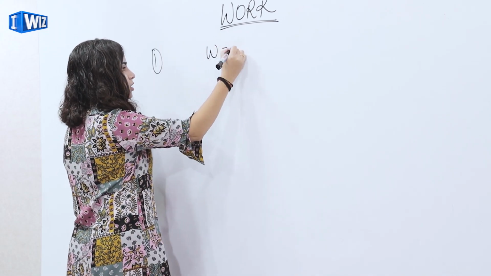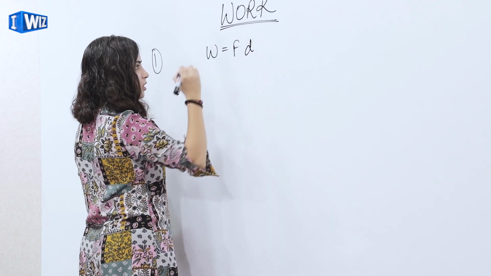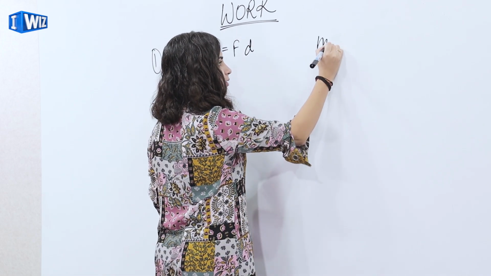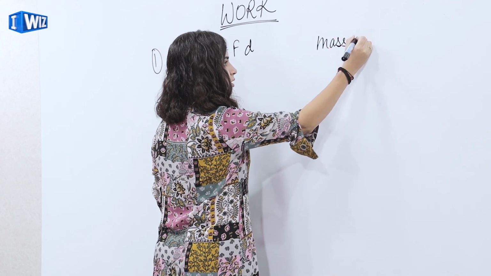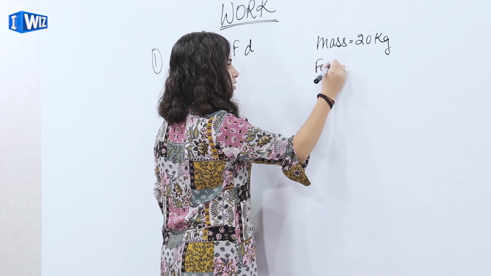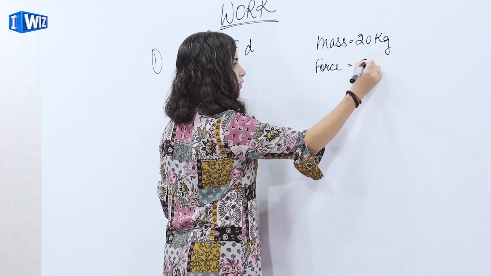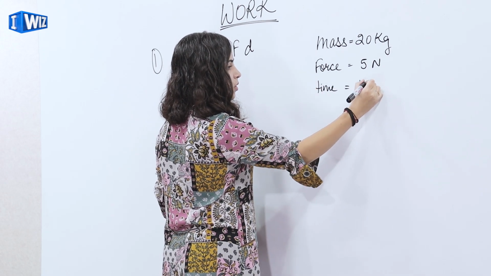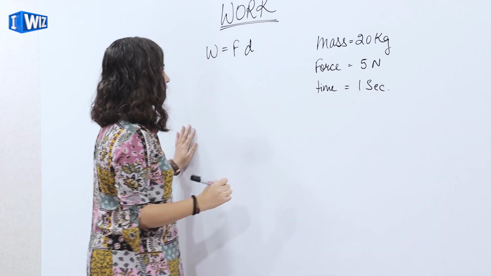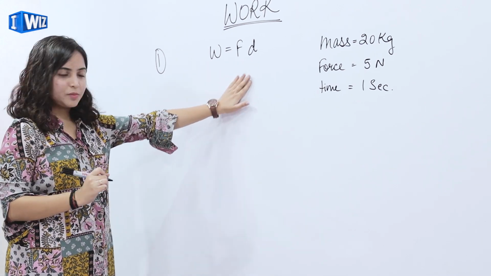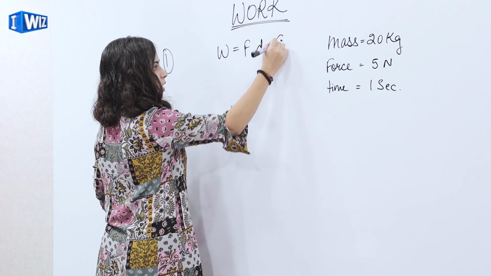Work done is equal to force into displacement, and we are given mass 20 kg, force 5 Newton and time 1 second. So now from here, work done is equal to force into displacement, equation 1.